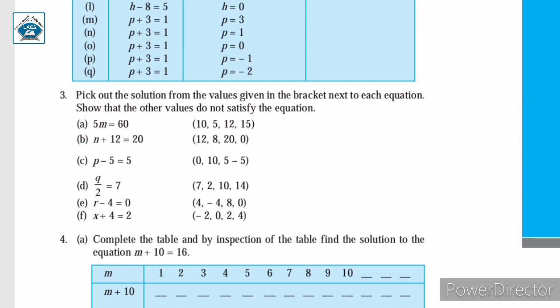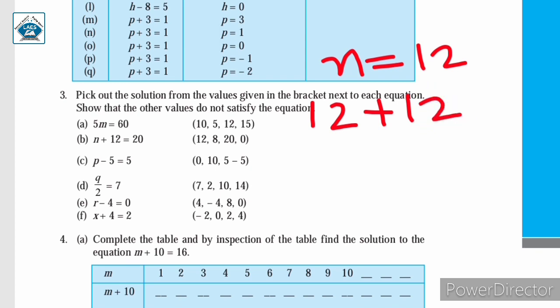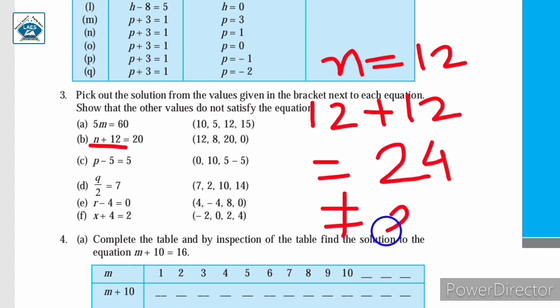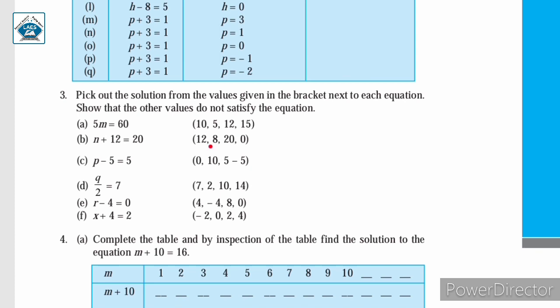So here first of all we take n is equal to 12. So when we take n is equal to 12, we get 12 plus 12, because here it is n plus 12. So this will be equal to 24, which is not equal to 20. So here also the LHS is not equal to RHS. Next, the value is 8.